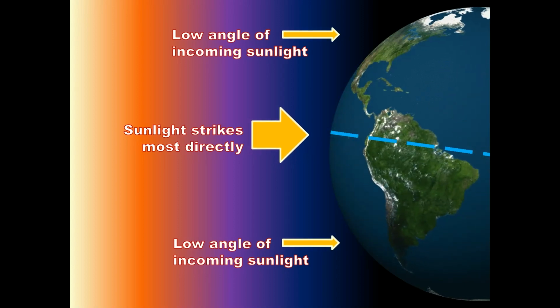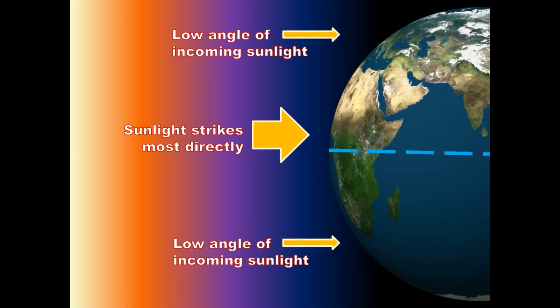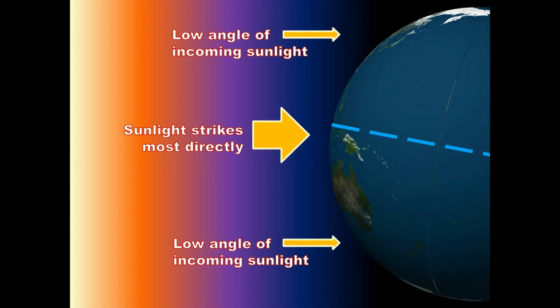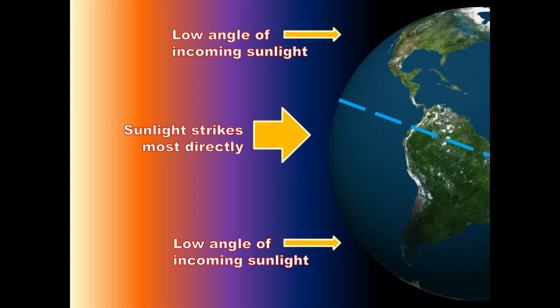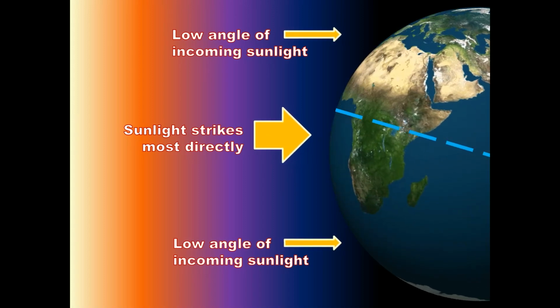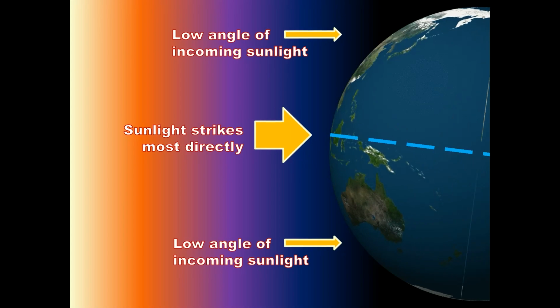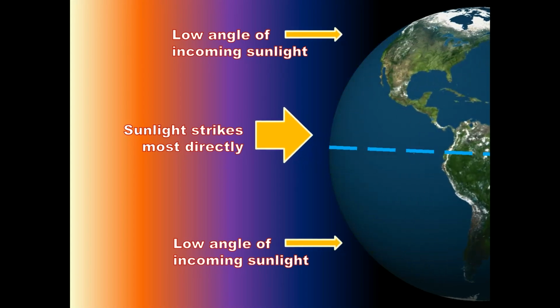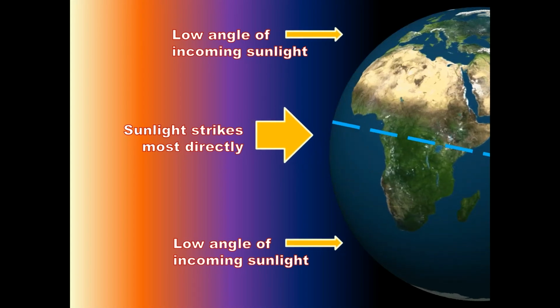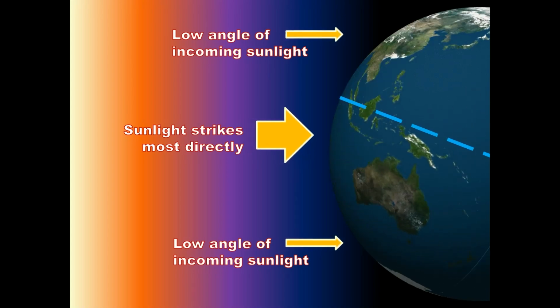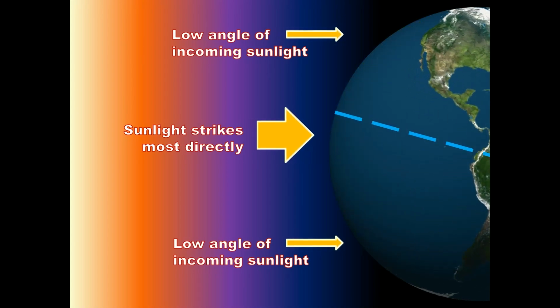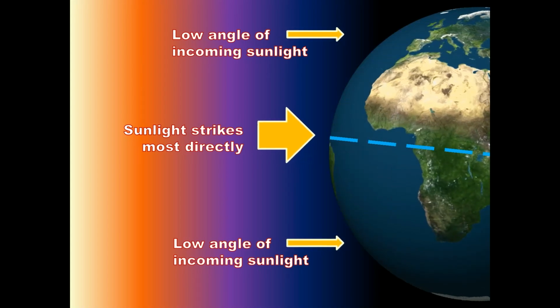Also on this diagram, I've indicated the angle that the sunlight is striking us at. And you can see that it is hitting the equator kind of directly at some points of the year, but the surface of the Earth is curved. So when it's hitting the equator directly, it's hitting the southern hemisphere and the northern hemisphere at a kind of oblique angle.